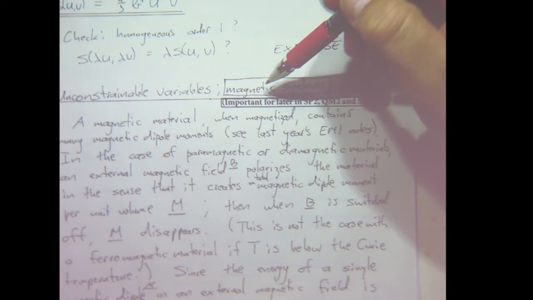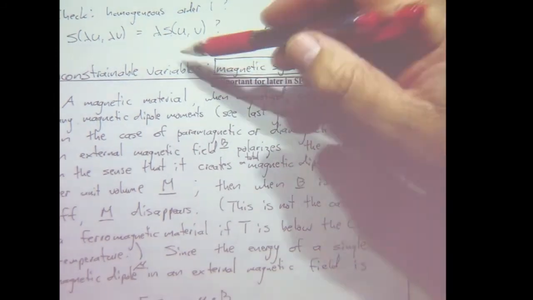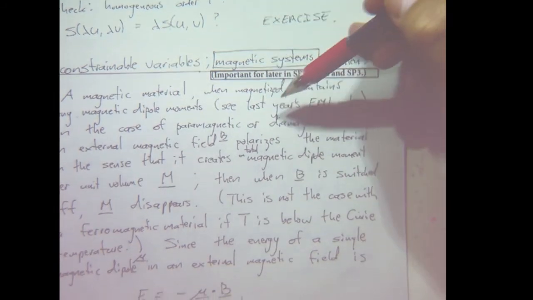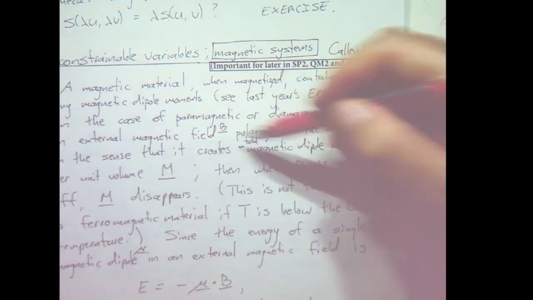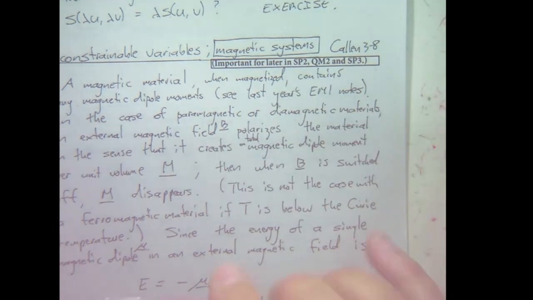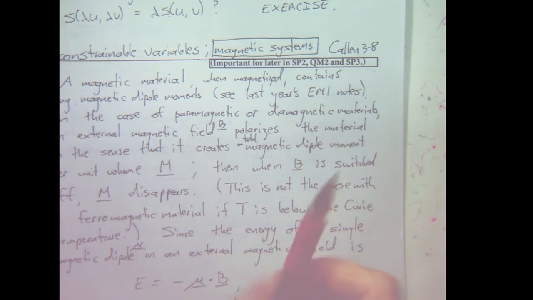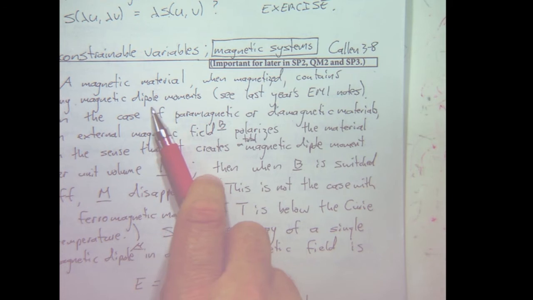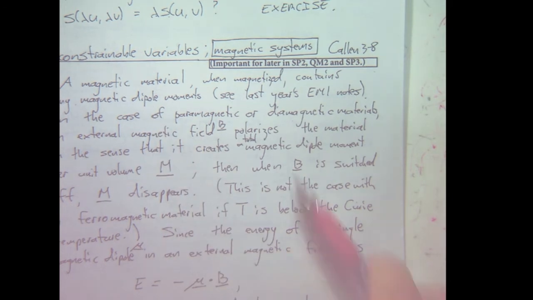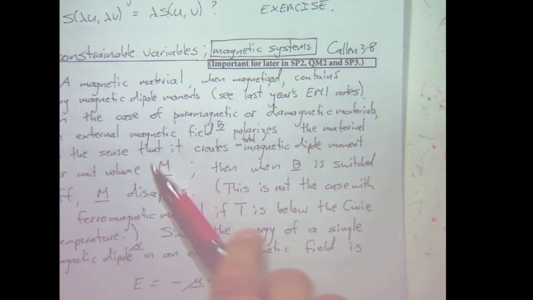I don't want to spend too much time on magnetic systems. I just want to say that the total magnetic dipole moment, M, is the dominant contribution in magnetic materials, from last year's M1 class.